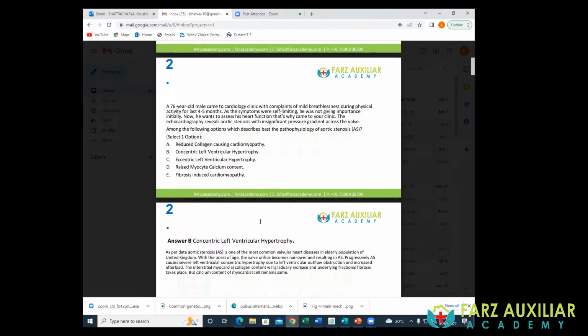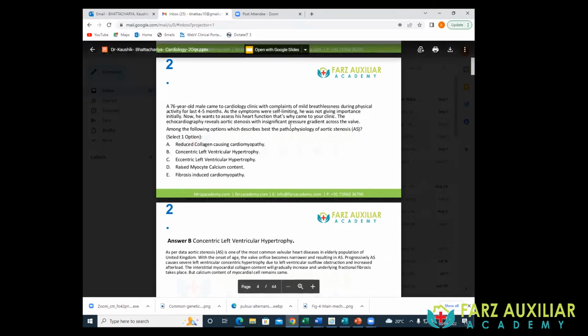Now, echocardiography revealed aortic stenosis with insufficient pressure gradient. Okay, carefully: aortic stenosis with insufficient pressure gradient. It's like a mild aortic stenosis or moderate. Among the following options, we describe the best pathophysiology of aortic stenosis. So the question they're asking, there's a long question.